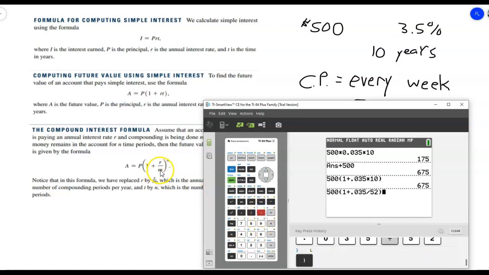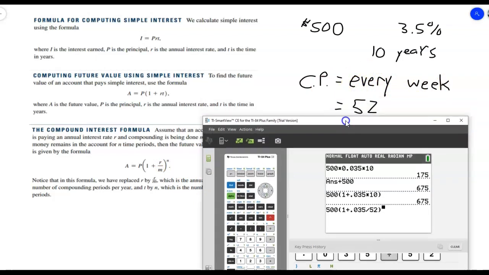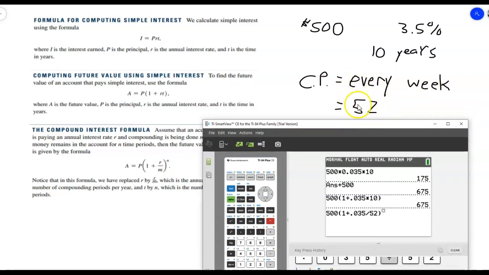Close parentheses, and then we're going to raise it to, using a little caret here, and remember the total number of compounding periods is our M here, which is the number of compounding periods per year, times the number of years we had. So for example, if it was 2 years, we would have a total of 104 compounding periods. But this is 10 years, so we should have 520 compounding periods because it's 52 every year for 10 years.